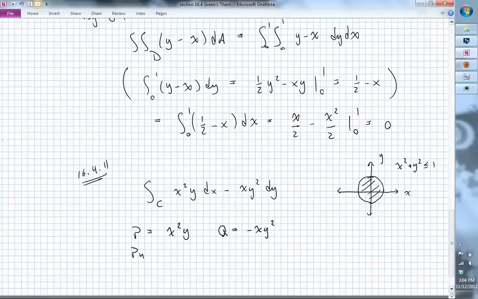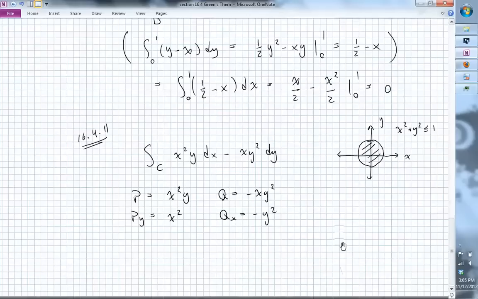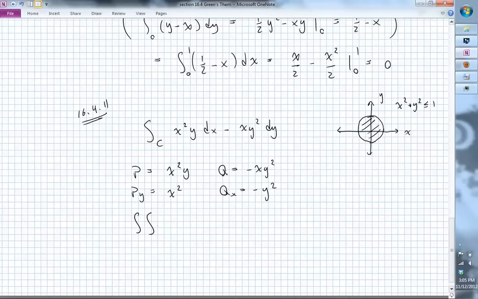Okay, let's compute Py and Qx. Also suggestive of polar coordinates. And let's integrate over D Qx, which is minus y squared, minus Py, dA. Definitely looks like a polar integral. Right? And there's no theta dependence, so I can do the theta integral right away.